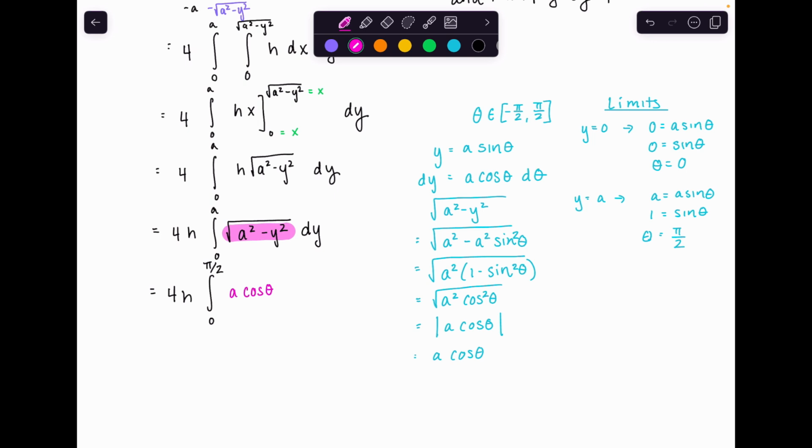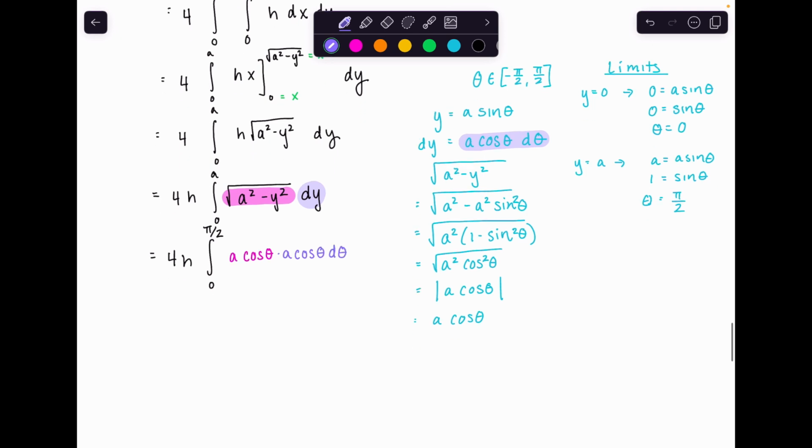And then we have the dy, which again is why your dy's are so important. That becomes a cosine of theta d theta. Okay. So a times a is a squared, and again that is a constant, so let's pop that out front as well. And then we're integrating from 0 to pi over 2 of just cosine squared of theta d theta.